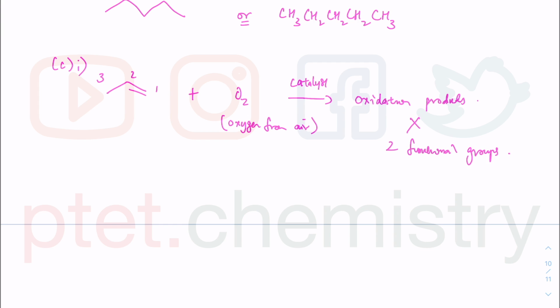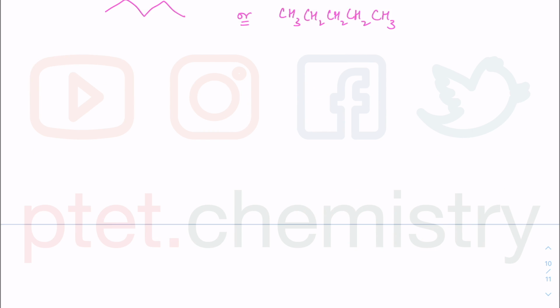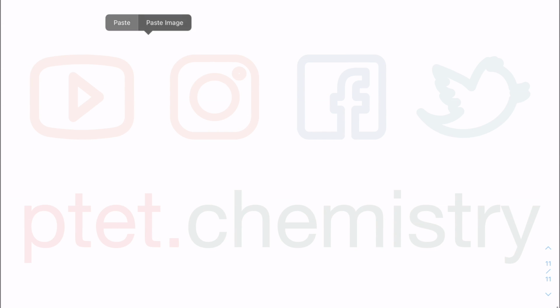Effervescence is seen when Na2CO3 is added to X. Effervescence means a lot of bubbles with Na2CO3. I'll probably just copy paste this onto a new page so that I'll have a lot more space to work with.